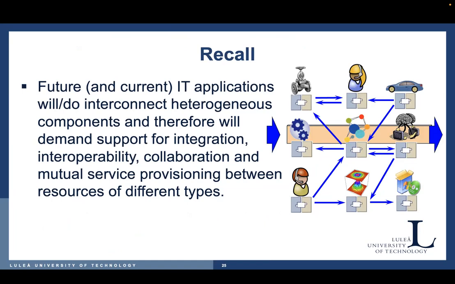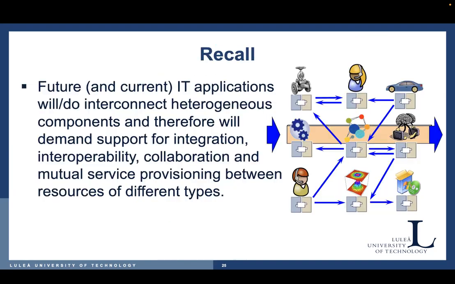Why would we need to do that? Again, maybe I will repeat myself a little bit, but now we have a very diverse set of digitalized resources, with complex interrelationships between them. Basically, they use the services of each other, etc. And new services are constructed through interoperability and collaboration between different components.